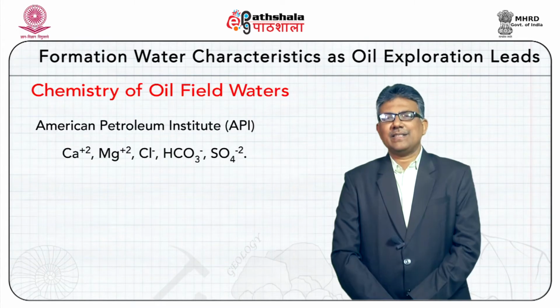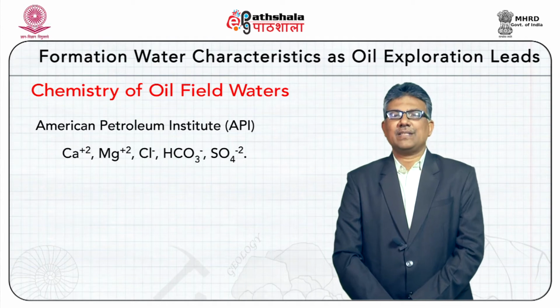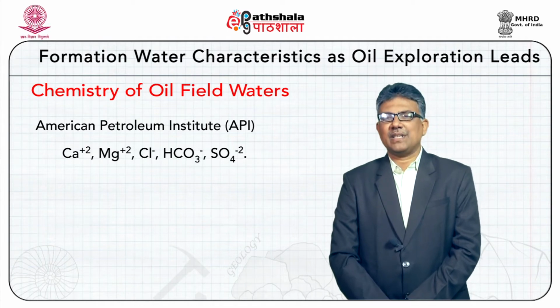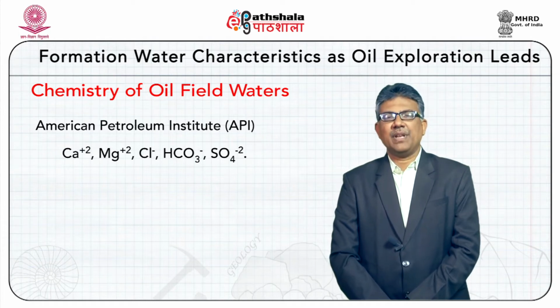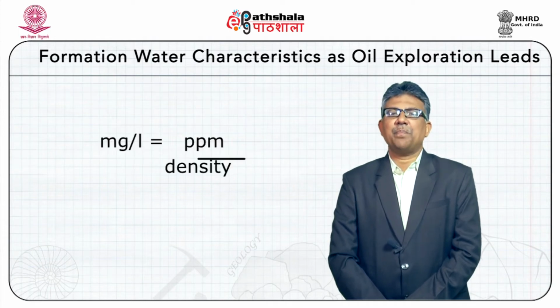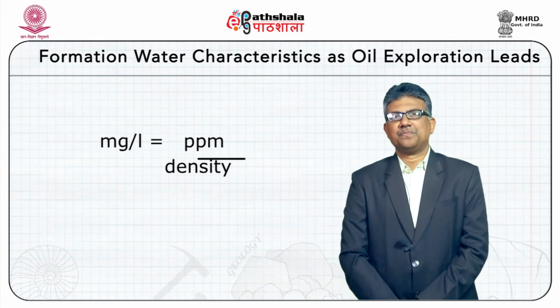In analytical results from laboratories, concentrations of cations and anions are commonly mentioned in terms of parts per million by weight. For our understanding, it is preferable to express the results in terms of milligrams per liter, and to transform ppm to milligram per liter, we multiply by density, that gives you the idea about milligram per liter.